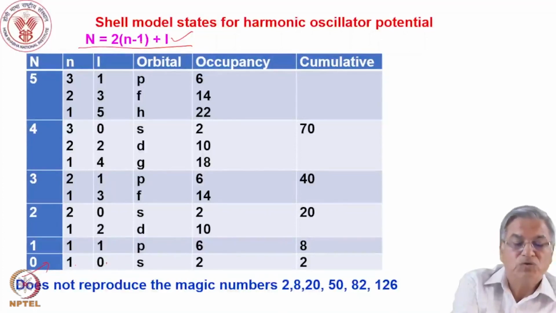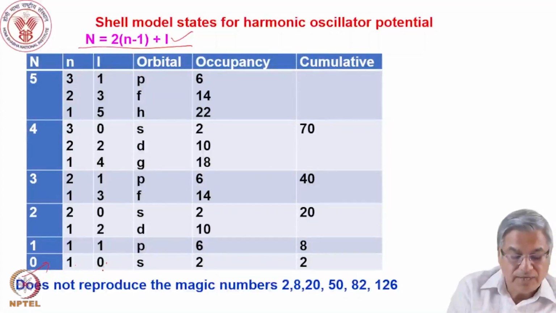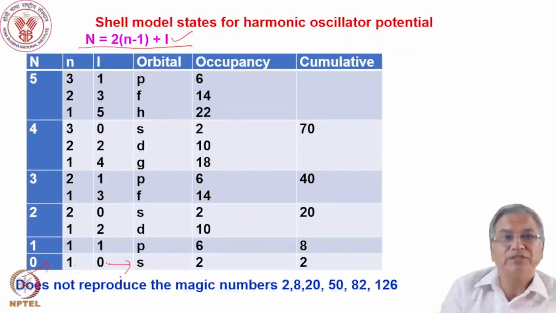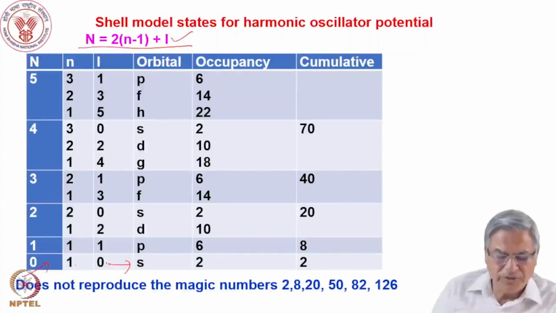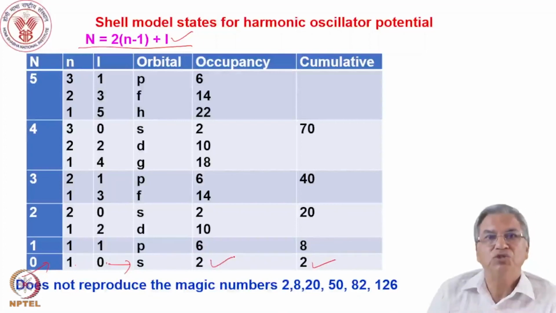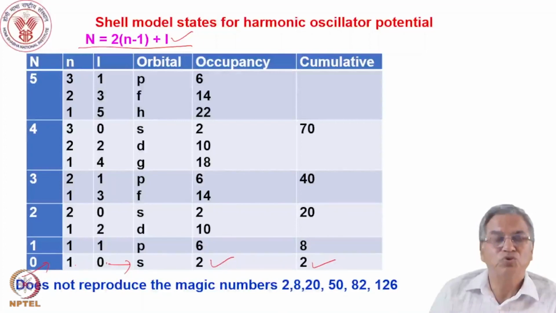So L equal to 0 means S orbital, and S orbital can occupy 2 nucleons. So the occupancy of this S orbital is 2, and the cumulative is also 2.